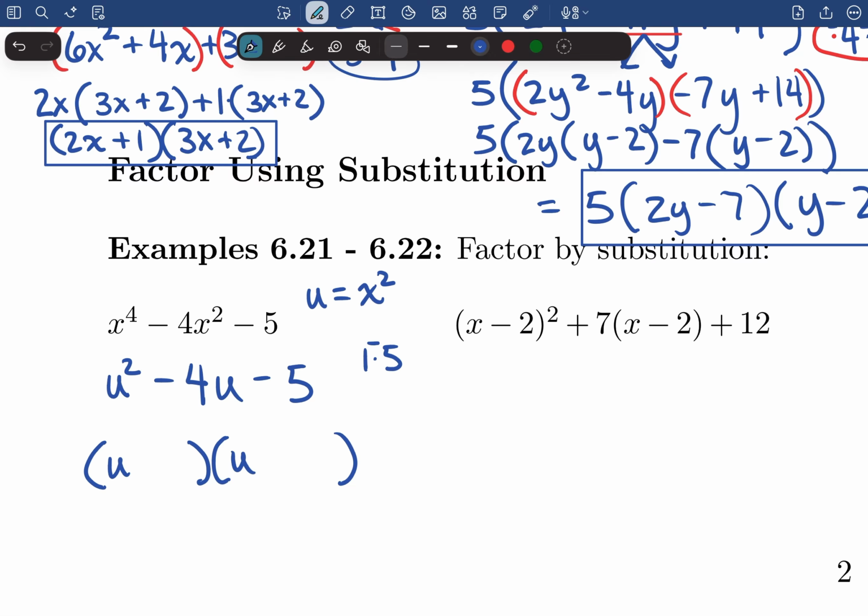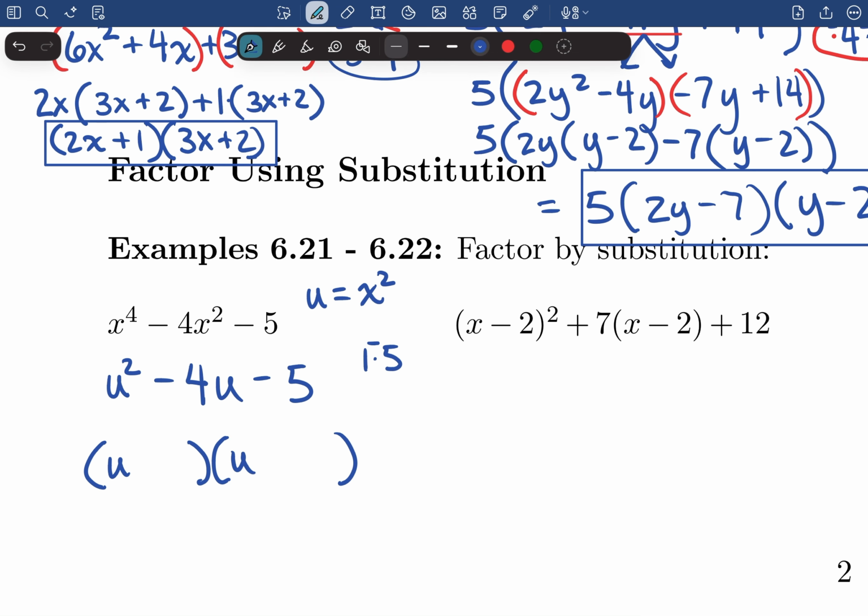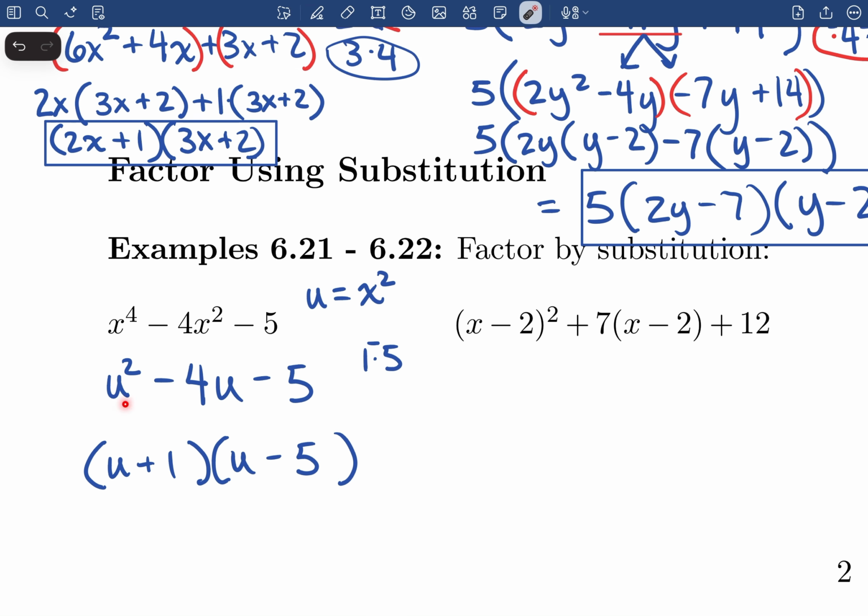I'm going to have a negative on the 5, because in the minus minus situation, the larger factor is negative. Now I put a positive 1 and a negative 5 here and here, and I have factored this trinomial into this.